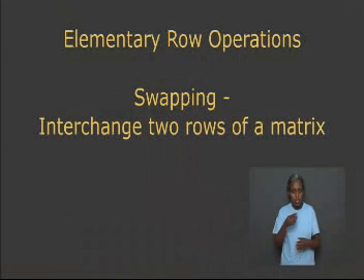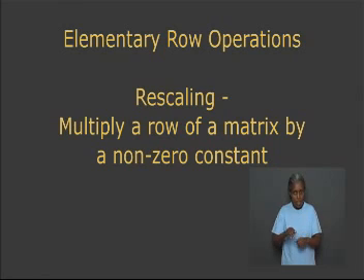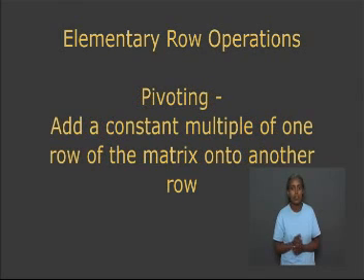You can swap a row by interchanging 2 rows of a matrix. You can rescale a row by multiplying a row of a matrix by a non-zero constant. You can pivot a row by adding a constant multiple of one row of the matrix onto another row.